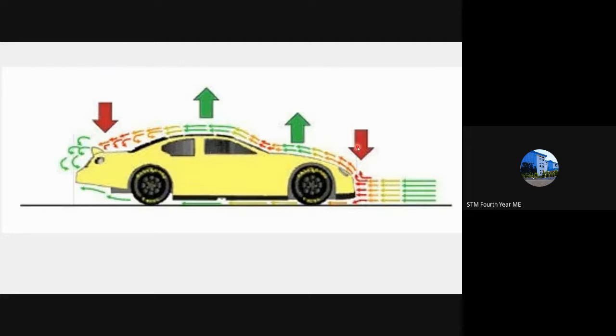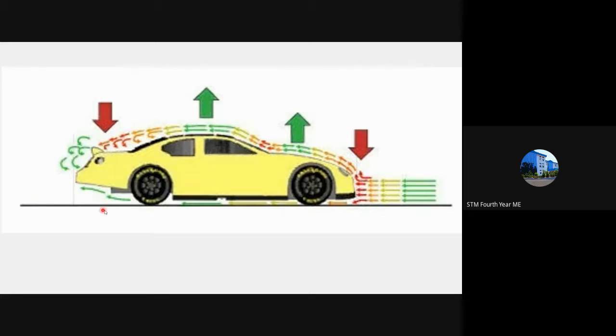At the front of the vehicle, if it is always in the negative lift position, then you don't have to worry about the lifting up of the vehicle due to the engine weight concentrated at the front of the vehicle. So if you have a negative lift at the front, that is enough.